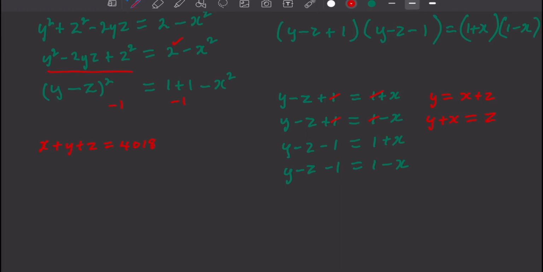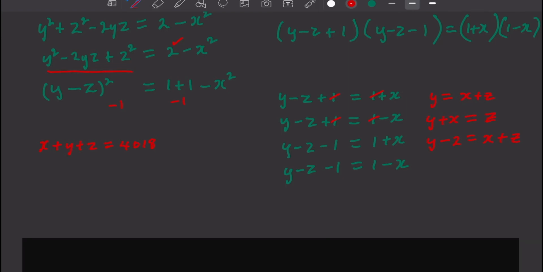Then we get that y minus 2 is equal to x plus z. So I'll put a little dash on the z's to differentiate from the 2. And then for the next statement, we're going to get that y plus x is equal to z plus 2.